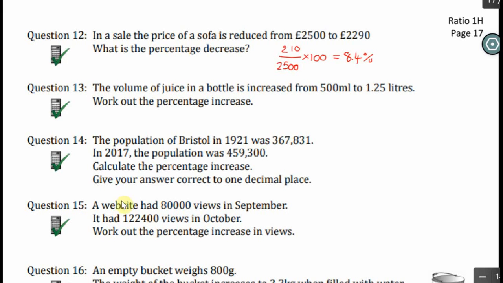The other method was to find the multiplier by dividing the new price by the old price. So I'll just do that over here. 2,290 is the new price. 2,500 is the old price. Hopefully this will give us 0.916 because that would indicate an 8.4% reduction.